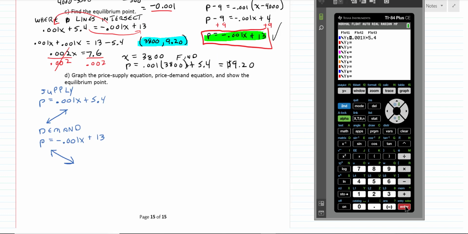And then put in the demand equation, which is negative 0.001 times x plus 13. That 13 is the y-intercept. That'll tell you your y-axis needs to go up to at least 13.